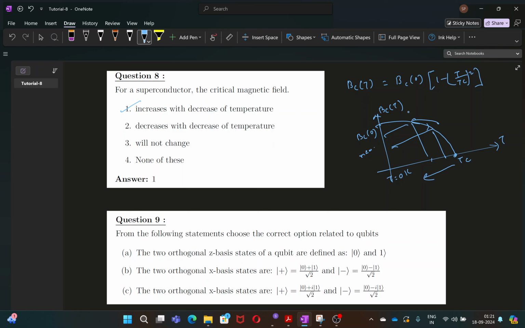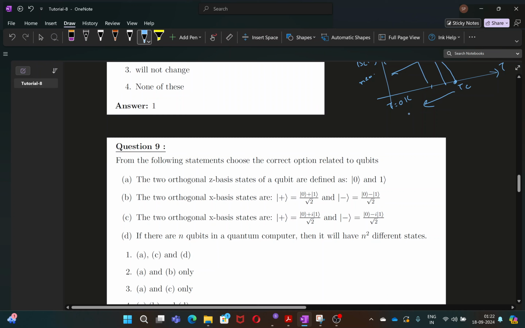Even below Tc you are in the superconducting regime, but with decrease of temperature you can go much further into it, and this causes the critical magnetic field of the superconductor to increase. Because now, even if you apply a very strong magnetic field, it will not instantaneously turn the superconducting material into a normal material. So that is the whole thing, and the other options are not correct.